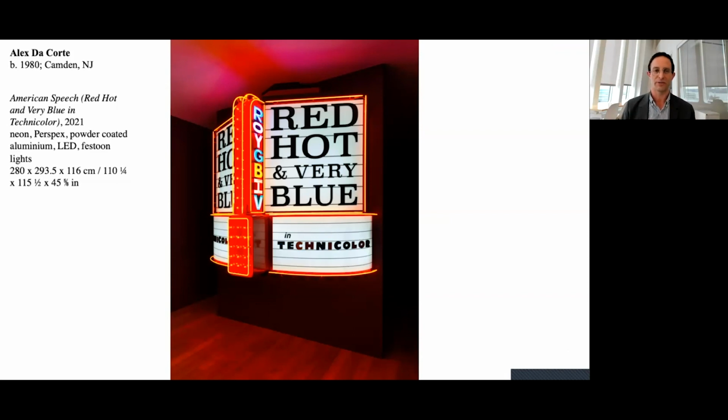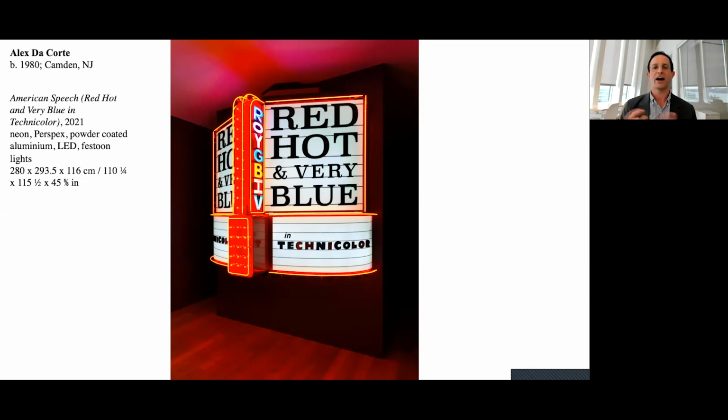And Roygbiv, the color spectrum, is something that de Corte first used in a recent sculpture from the American Speech series, which says Roygbiv, although you'll notice that the letters are in the wrong colors. Like red is actually in blue light here. So there's this misappropriation of the color and the language here.